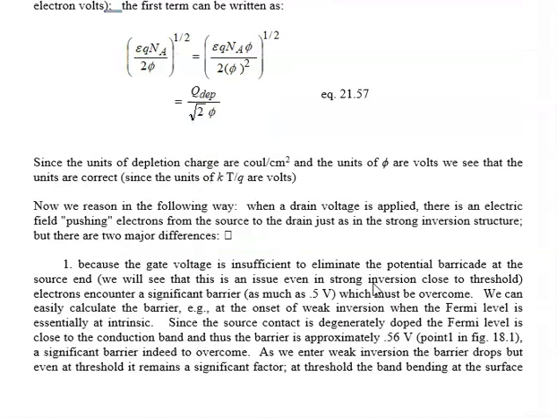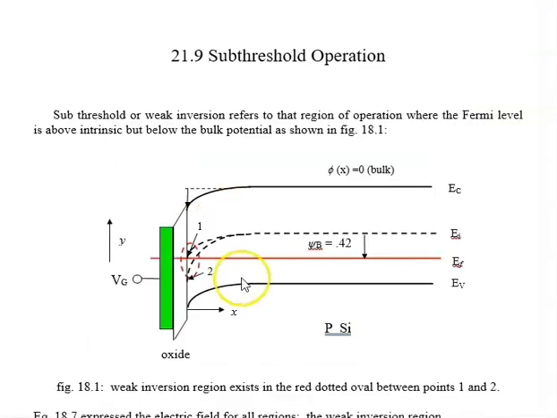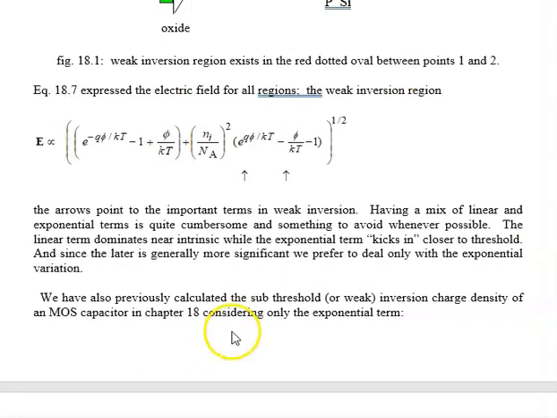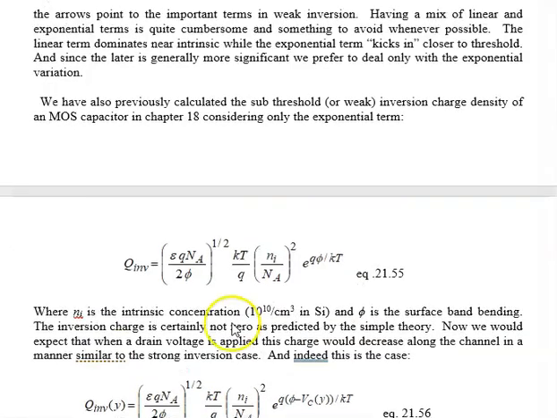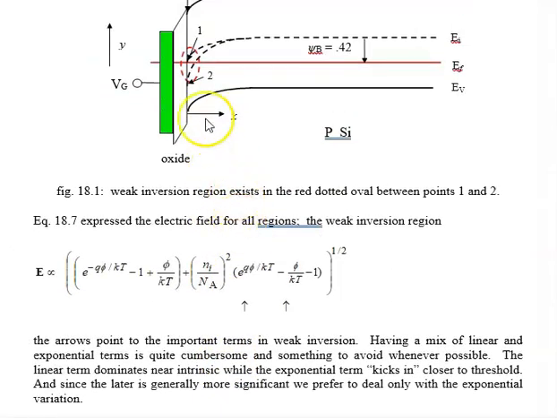Well, there's two issues before we get to that we want to emphasize. At the source, we have a barrier, and the barrier is due to the fact that at the source right here, we have a source contact, which is N+, and if we're somewhere in this region right here, we have a little bit of N, but not very much.